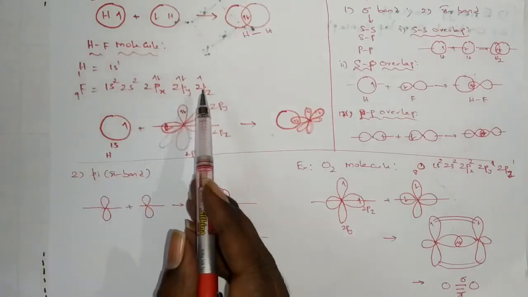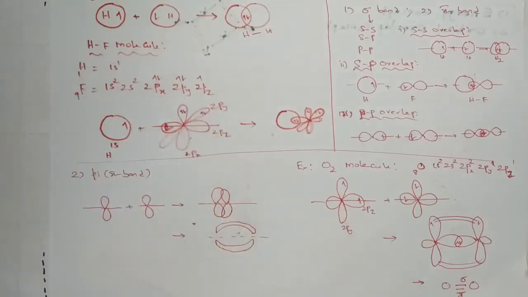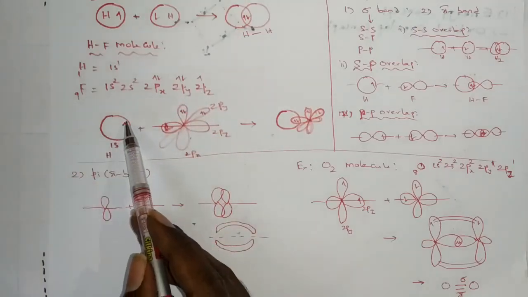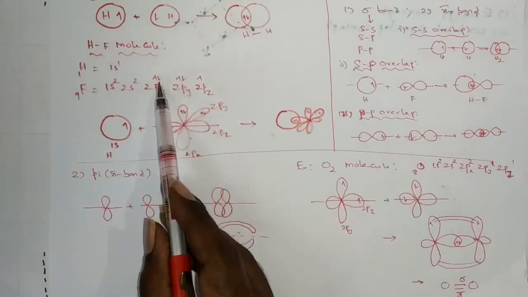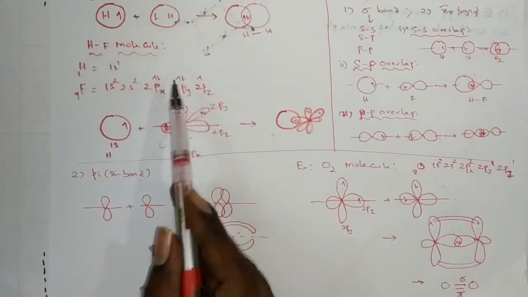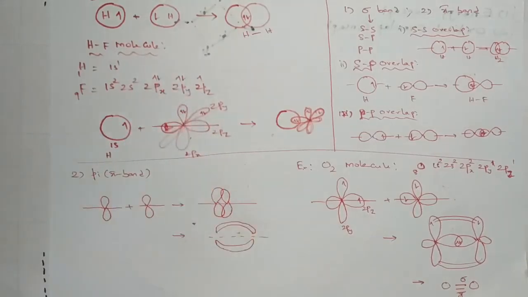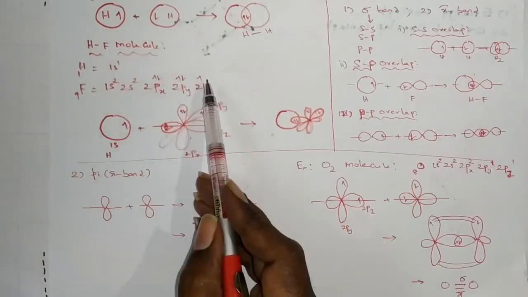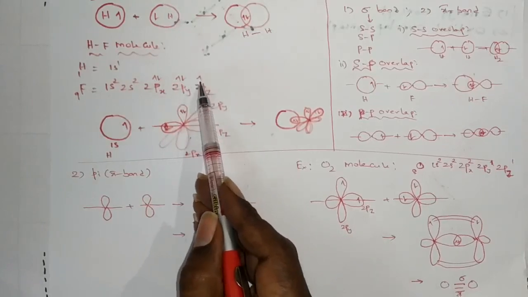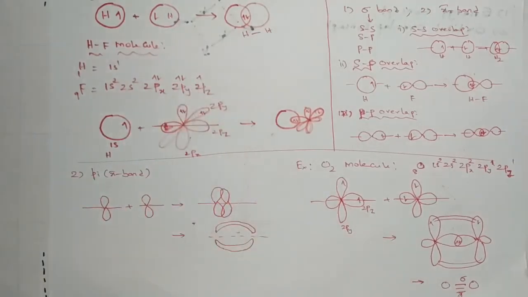That is, the orbital should have one unpaired electron. It should be singly filled. If there are 2 electrons, they won't be involved in the overlap of atomic orbitals. These orbitals will not be involved in the overlapping. The orbitals having one unpaired electron will be involved in the overlap.